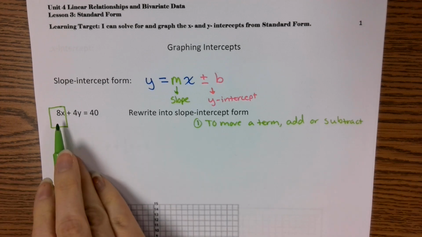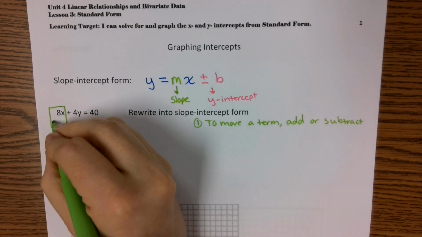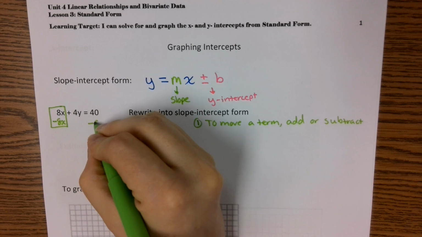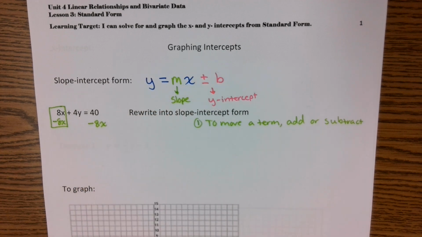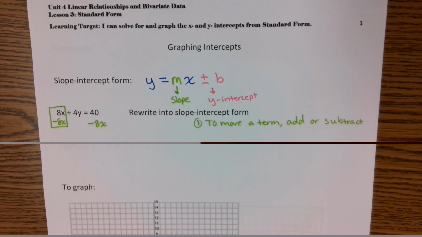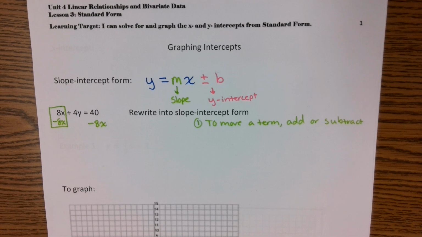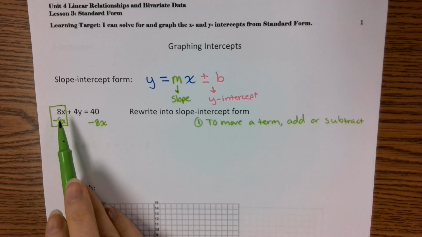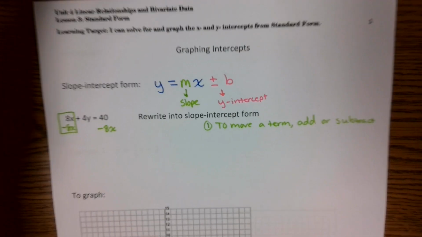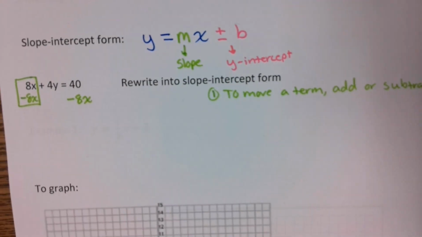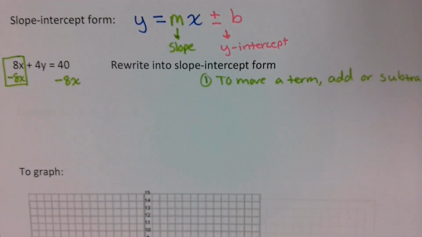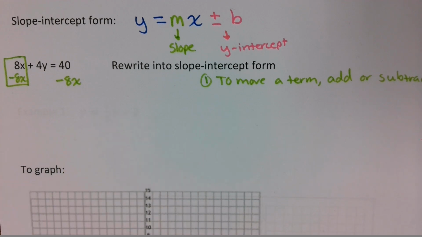So if I wanted to move 8x, I would subtract 8x on both sides of the equation. When I want to move an entire term, that means the number and the variable, I'm going to use addition or subtraction. Because that 8x originally was positive, we are going to use subtraction to move it to the other side, the inverse operation of its value. So that's why we subtract the 8x.